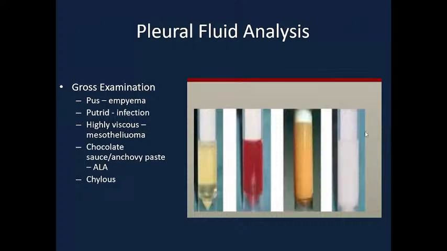Okay, so what you see here on the extreme right is chylous pleural fluid. Obviously, you can appreciate this is purulent, the second from right.